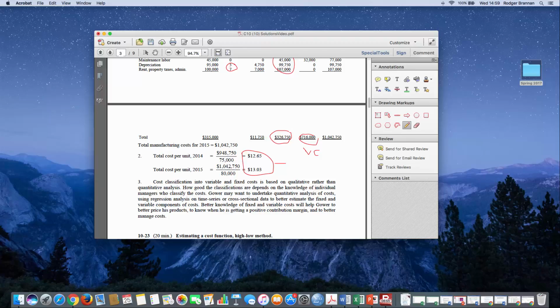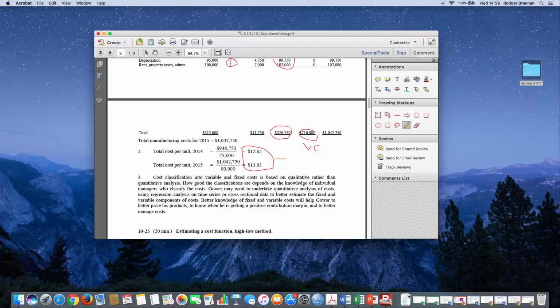But the big thing is the 1303 is not what costs are going to change by. So if I go from 80,000 to 80,001, my total costs do not change by 1303. Again, to go from 75,000 to 75,001 units, my costs are going to change by $8.95, which is the variable cost per unit in 2015.